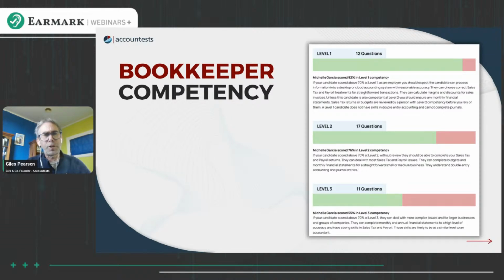Yeah, look, it's a hard one to answer. I think what our tests try and do is tell you what they know right now. But you're right, I think there's two levels of that. One is you need to have a base level of knowledge to be able to research something. What is it that you're researching?